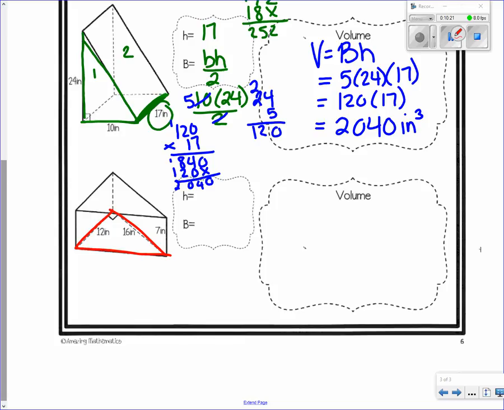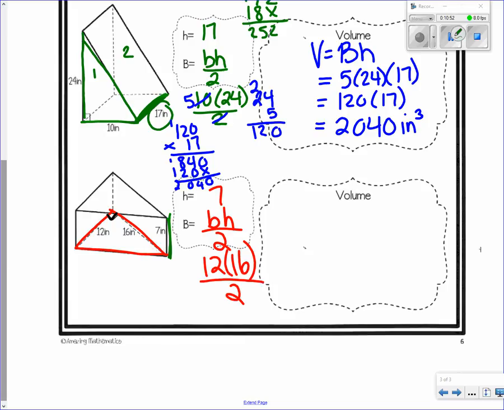So we know the 7 is the one that connects our two triangular bases. Again, we have another triangular prism, and so that's going to be our height. And then our big B is going to be base times height divided by 2, because we do have a triangle. And so I'm looking for the right angle mark, and there it is. And so it's going to be 12 times 16 divided by 2.